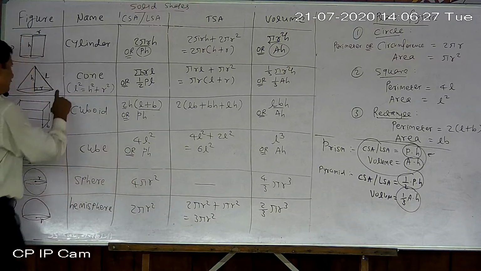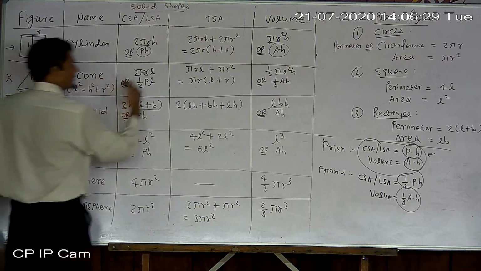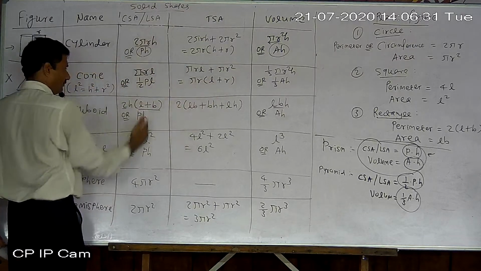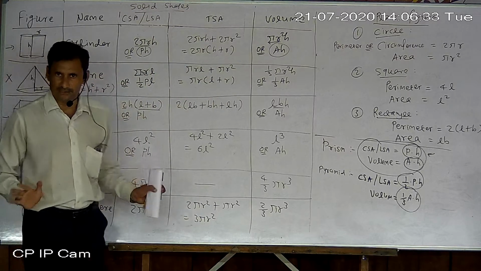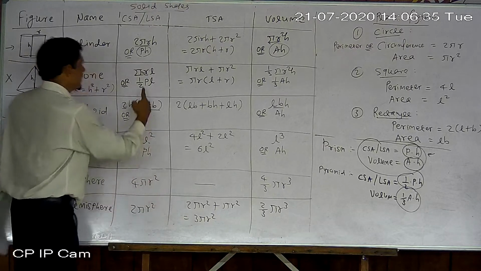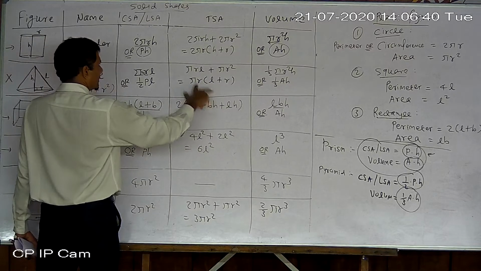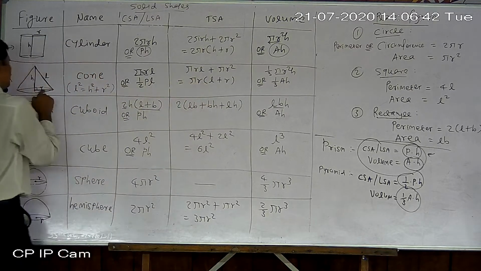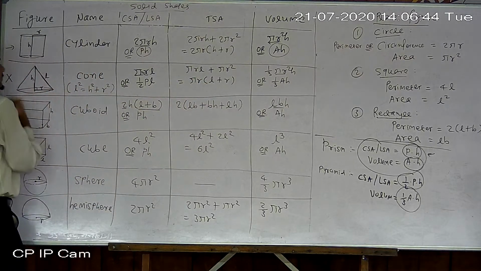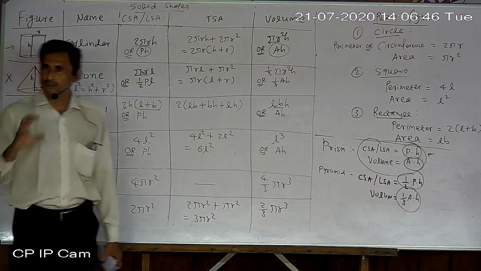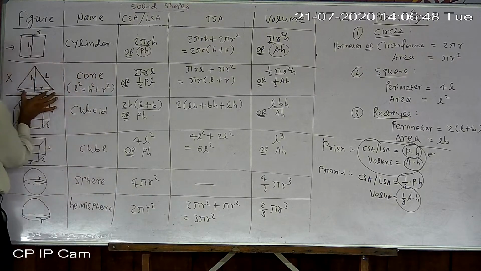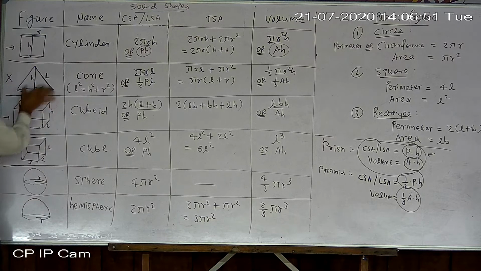Same way, come here also. We are now going from CSA to TSA only. Where does CSA come from? That is already discussed. Now look here, pi r l. Pi r l plus something means what? Here is the bottom, not the top. So only the bottom part is there. One circle is there instead of 2.